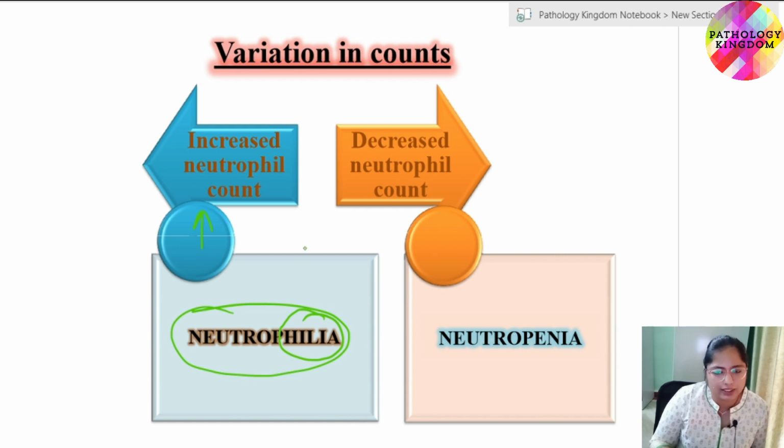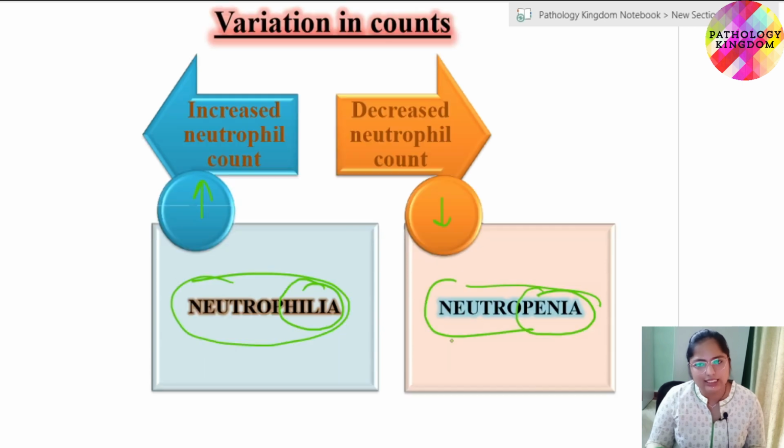For example, if neutrophil count is increased, it is known as neutrophilia, and if the eosinophil count is increased, it is known as eosinophilia. Similarly, we'll use the term penia if the count is decreased. For example, if there is decreased neutrophil count, then this condition is known as neutropenia.